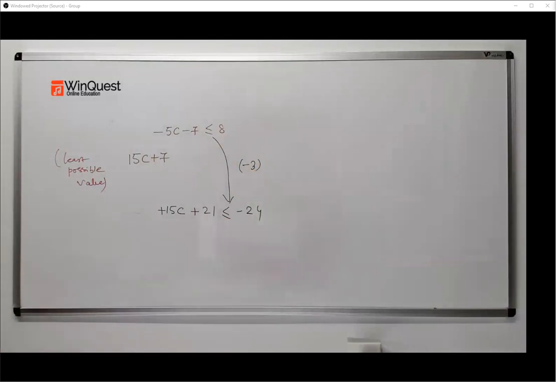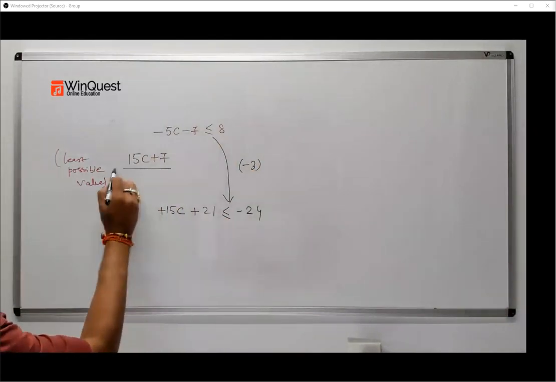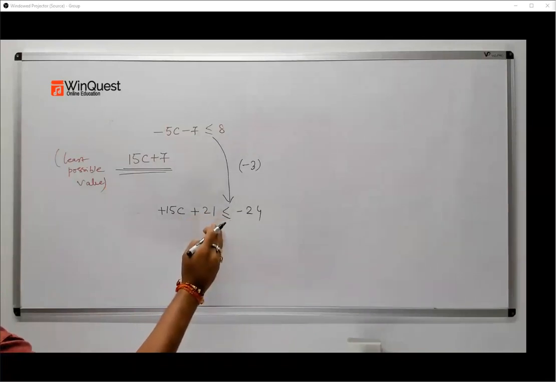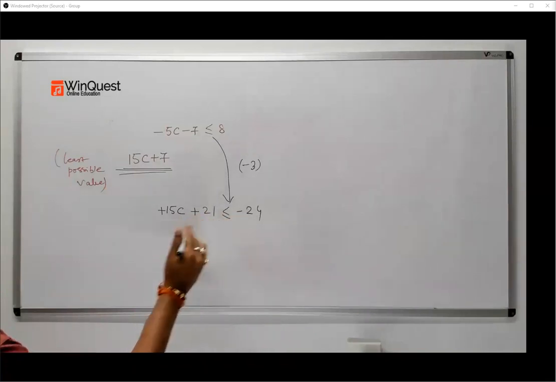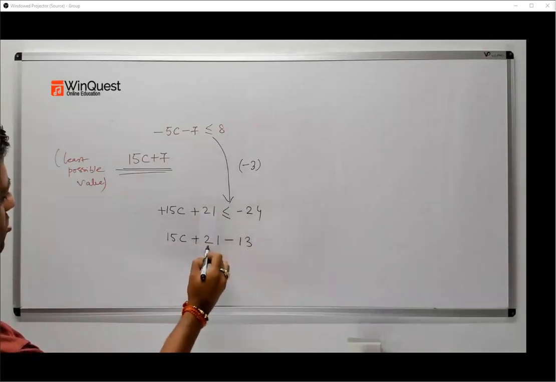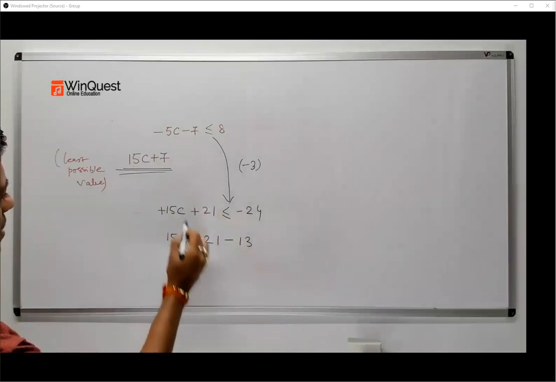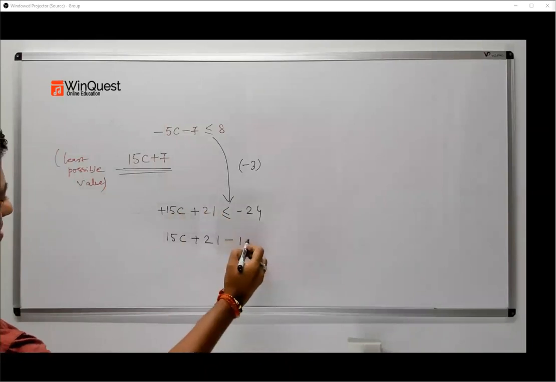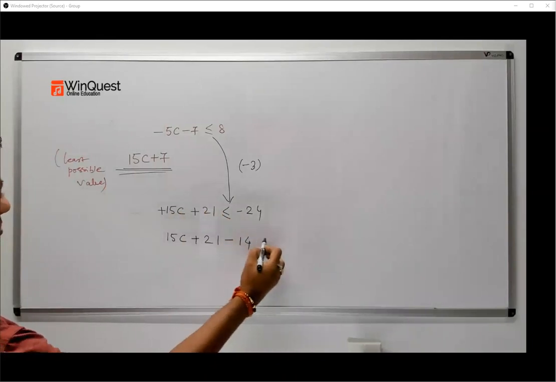Now, my target is to make this 15c plus 7. I'm going to subtract 13 from both sides: 15c plus 21 minus 13, because 21 minus 13 will give me 7. No, not 7. 14. 14, yes.